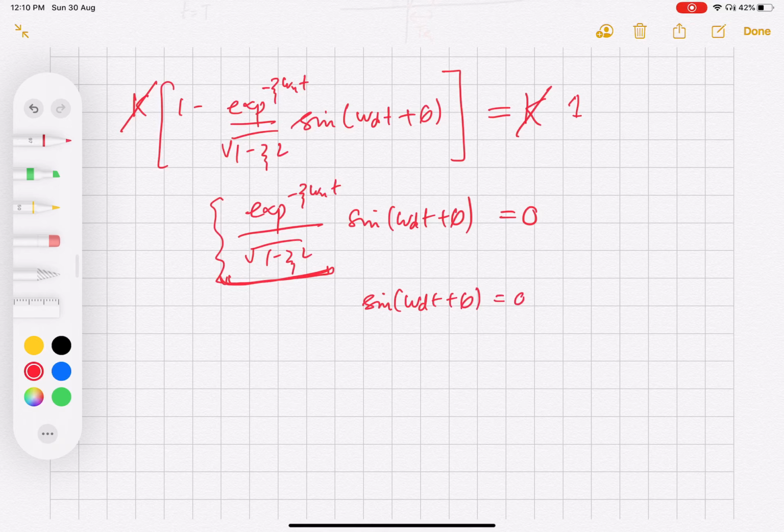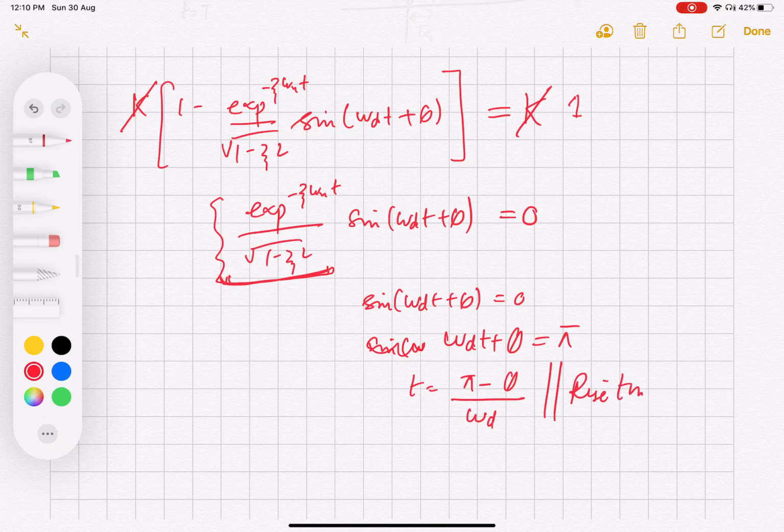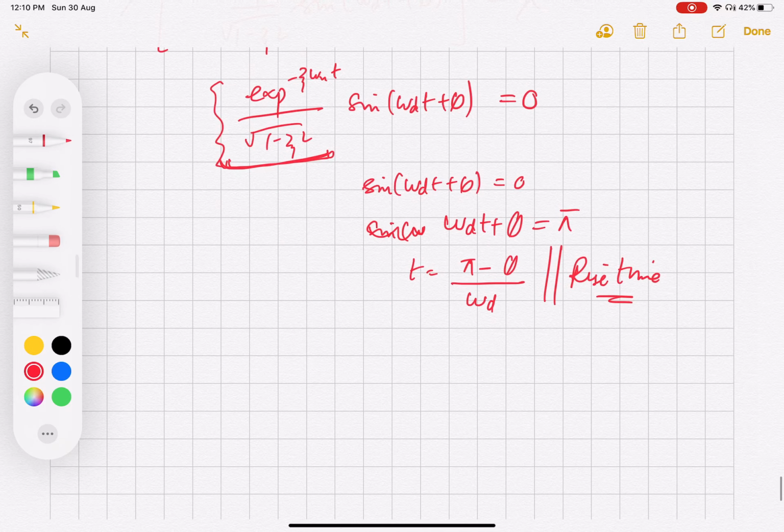And this is going to be 0 for the first time when this angle is equal to pi. So omega dt plus phi is equal to pi. That means this t is equal to pi minus phi divided by omega d. This t is the rise time, the 0 to 100% rise time, right?